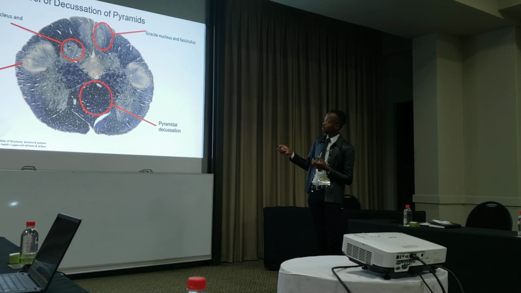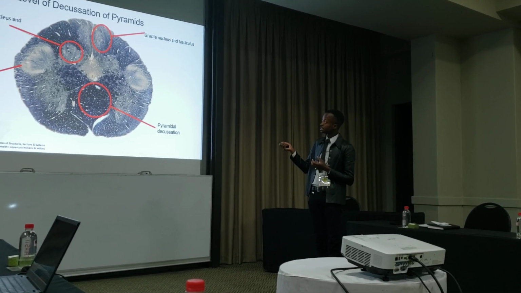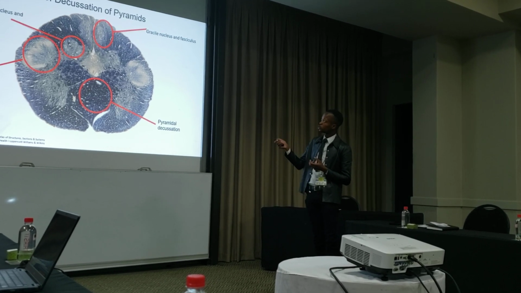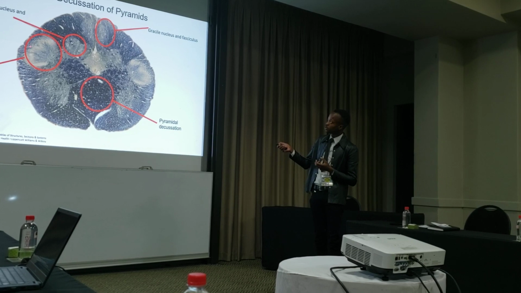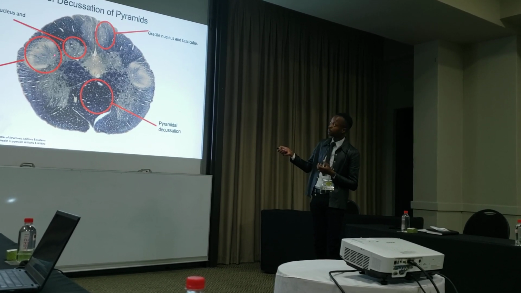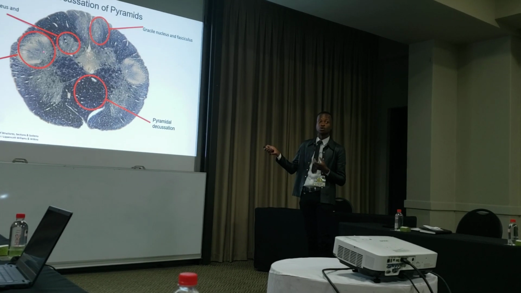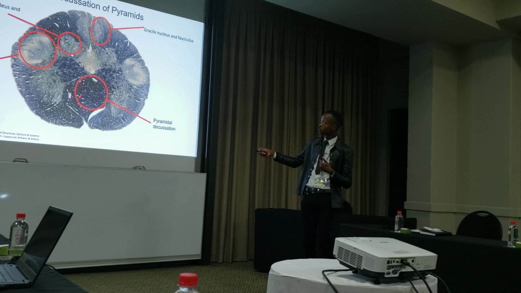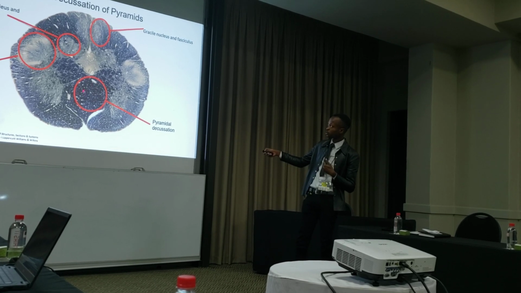Then more lateral, remember we said there's going to be a tuberculum cinereum. Okay. So you're going to have the spinal tract and the nucleus of the trigeminal nerve in this region. This will represent a continuation of the dorsal gray horns from the spinal cord. Remember we said this will be a continuation of the dorsal gray horns.